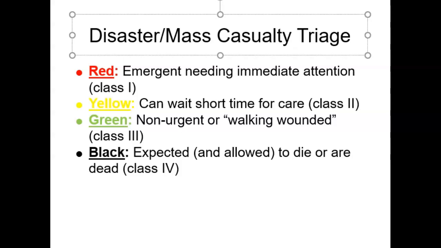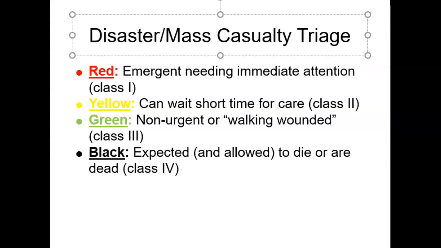So let's list some things that would cause a person to receive each tag. Red tagged patients have immediate life-threatening conditions such as airway obstruction or shock and need immediate attention.